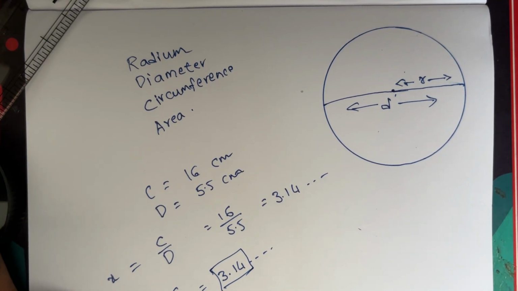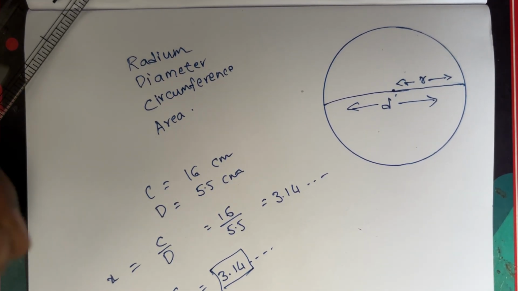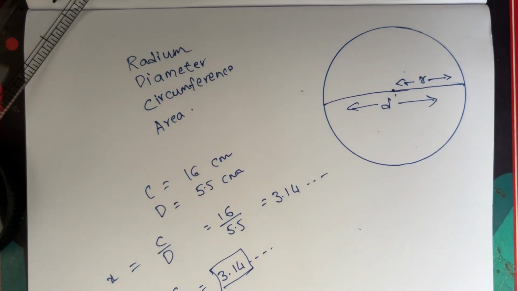You can try it on your own, calculate it, and understand why every circle gives almost exactly the same number. This magical number is called pi.